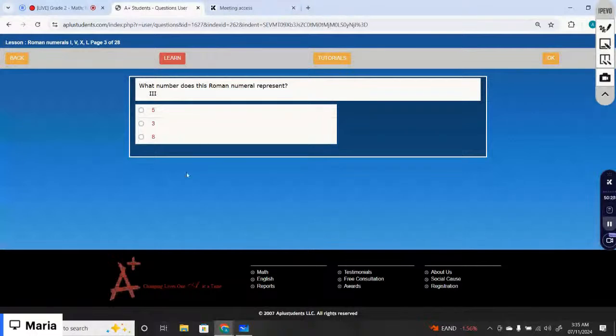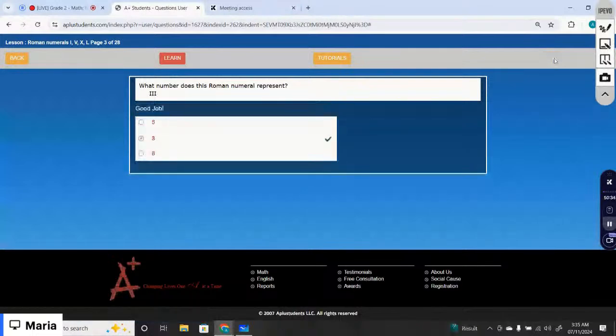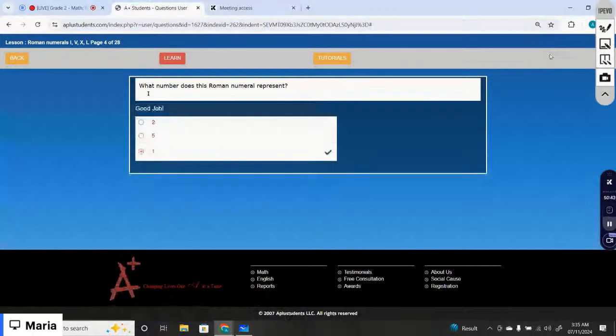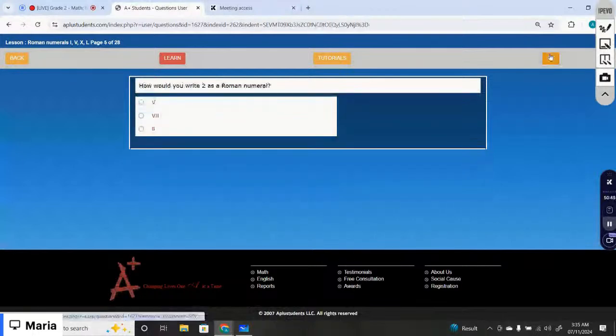That is 3. It is right. Option number 2 is the correct option. Very good. What number does the Roman numeral represent? Definitely 1 it is. The correct option is 1. How could you write 2 as a Roman numeral? So I represents 1. So 2 means 1 plus 1. So that is option number 2 is the correct option. Got it?